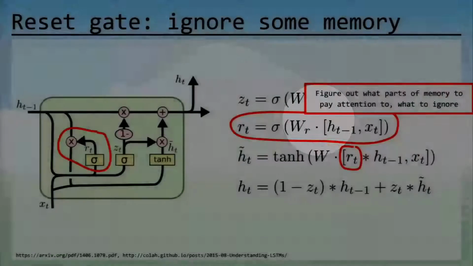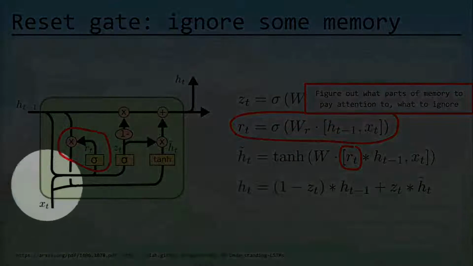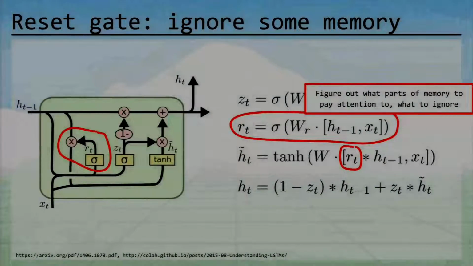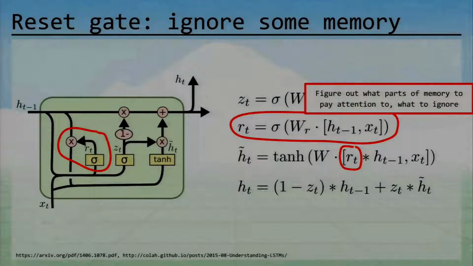We're going to learn some separate weights for this reset gate. And we remember that this logistic function is going to output some number between 1 and 0. The idea is we want our reset gate to be 1 for the important parts of the memory to think about when we process this input, and it should be 0 for the parts of memory that are irrelevant to processing whatever this next word is in the sentence we're looking at.